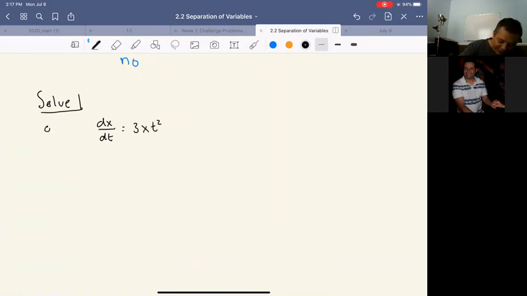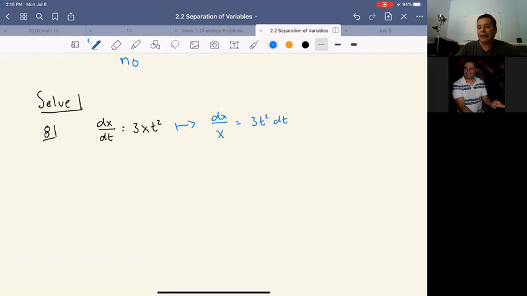This is number 8 in the book, by the way. Okay, so we can do this. This is pretty straightforward, I hope. dx over 3x. You know what? I can play around with it to make my integral easier. dx over x equals 3t squared dt.